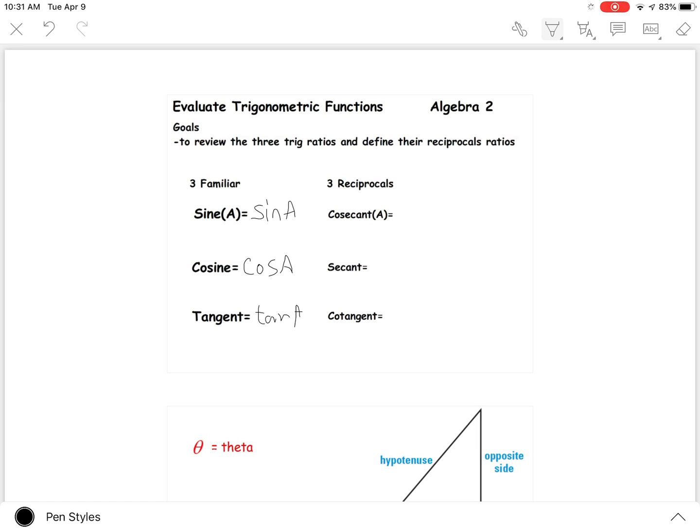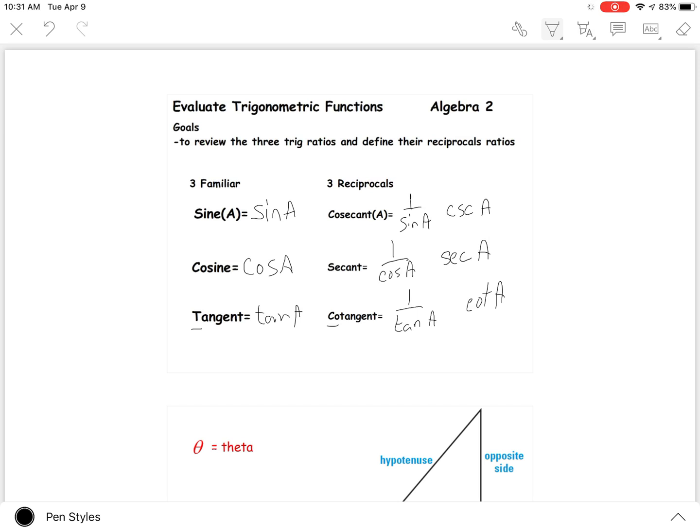Now, the three reciprocal properties, though, would be cosecant, which is 1 over the sine of A. It's got an abbreviation of CSC of your angle A. Secant, which is 1 over the cosine of angle A, or SEC of A. Cotangent, 1 over the tangent of A, or COT of A. Tangent and cotangent make sense that they go together because they both have the word tangent in it.